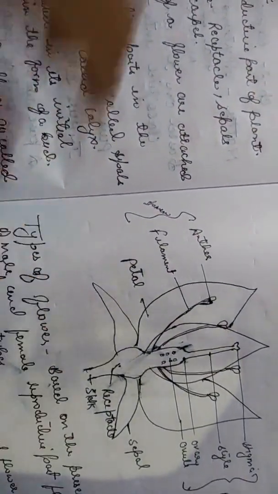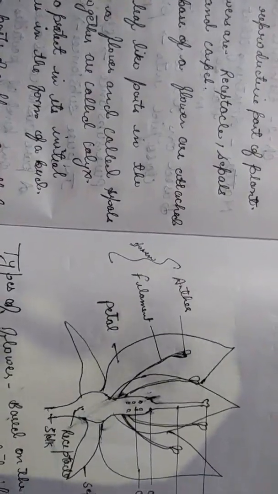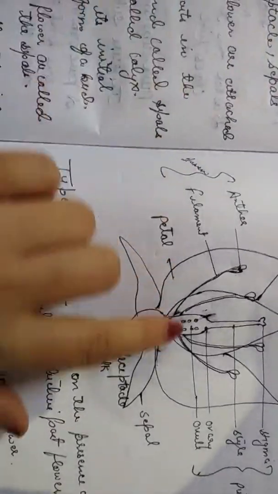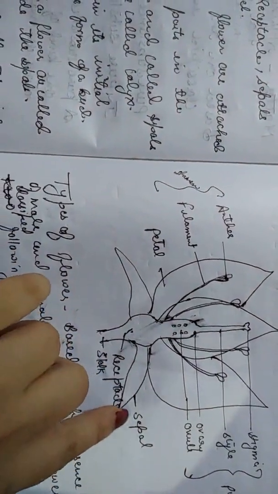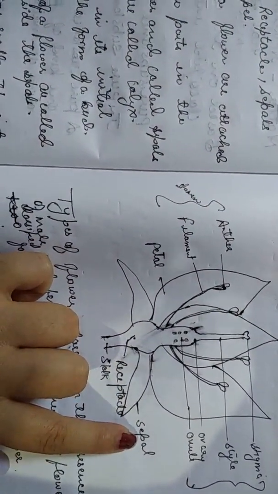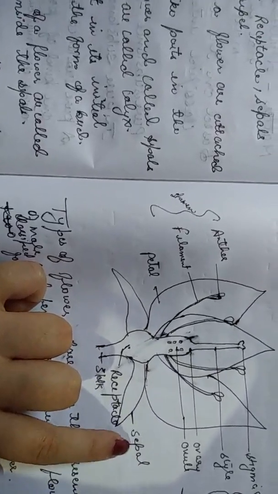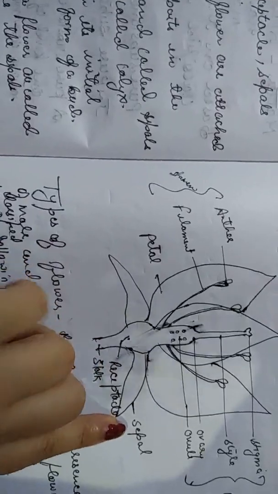Second one, sepals. So sepals, this part you see, this is a sepal. Sepal is defined as the green leaf-like part in the outermost circle.